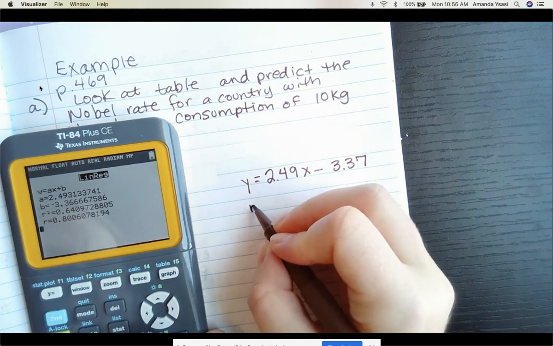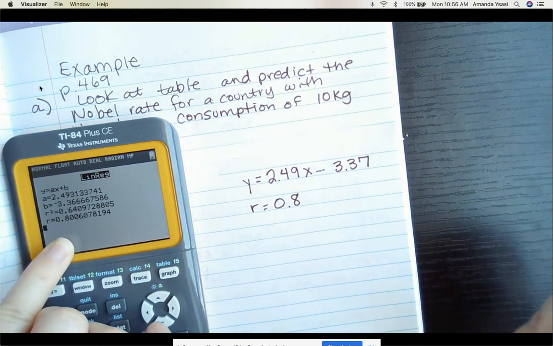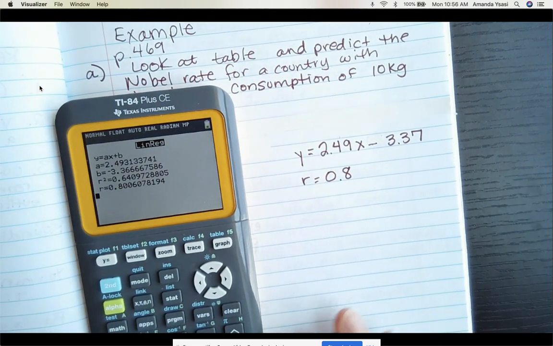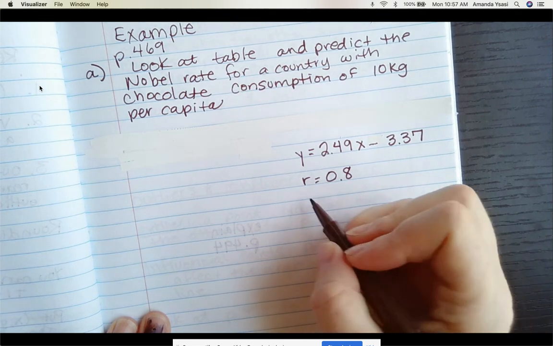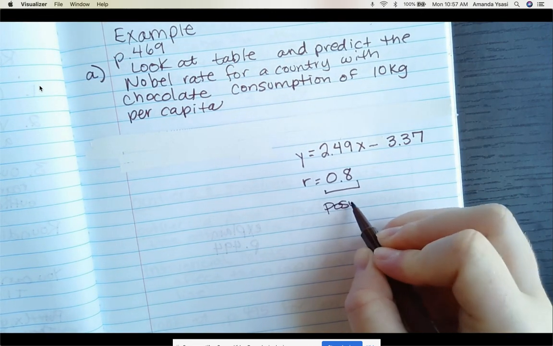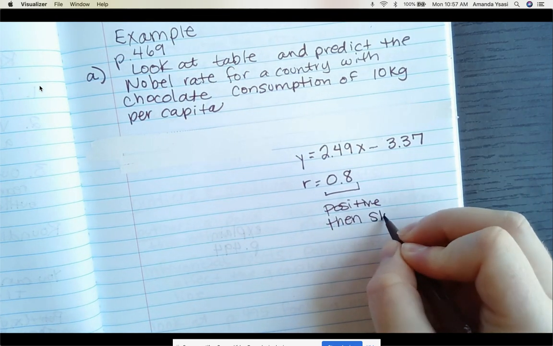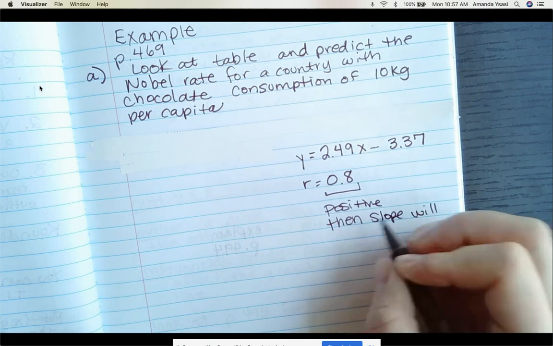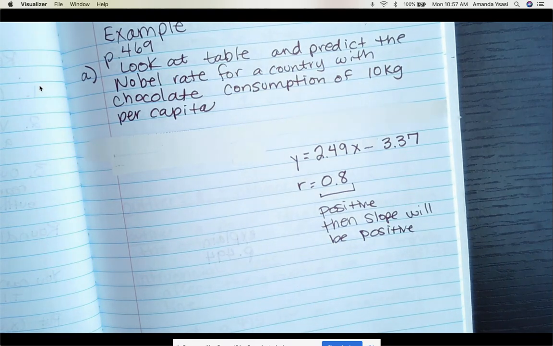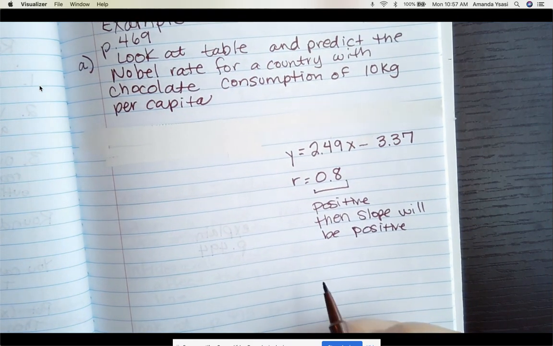And my R value is 0.8, so that's a good linear regression or a good correlation. Also, see how this is positive? If this is positive, then our slope will be positive. So it's a strong positive correlation, is what we can write.